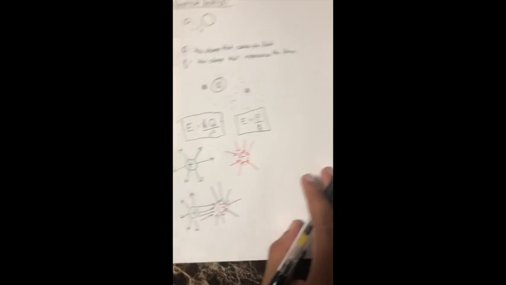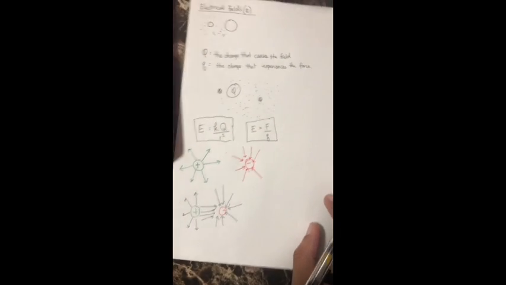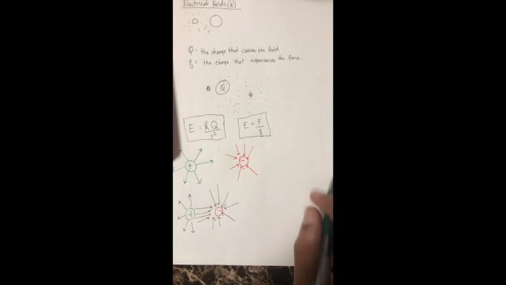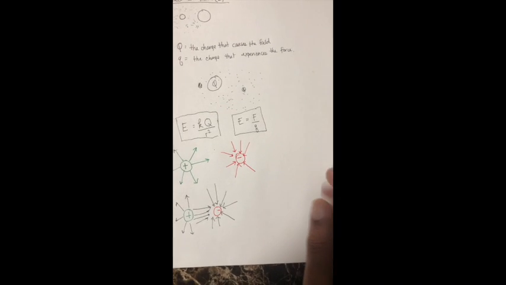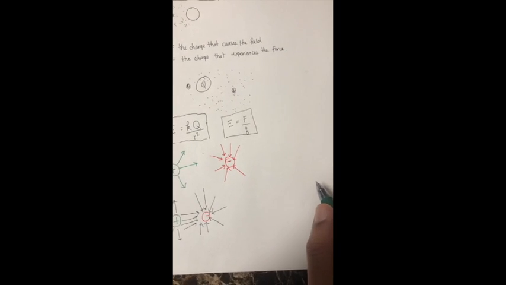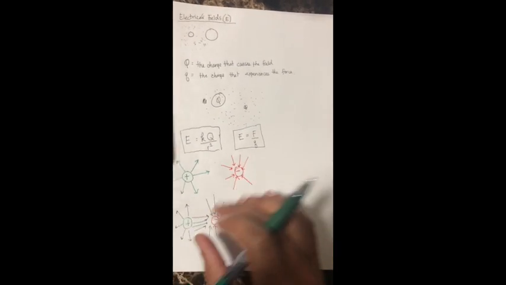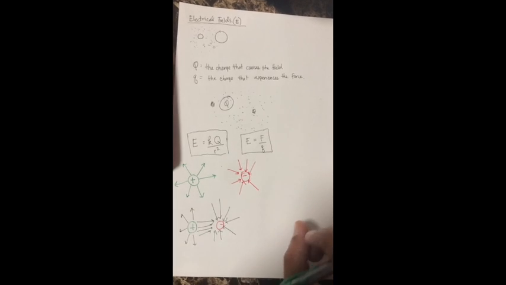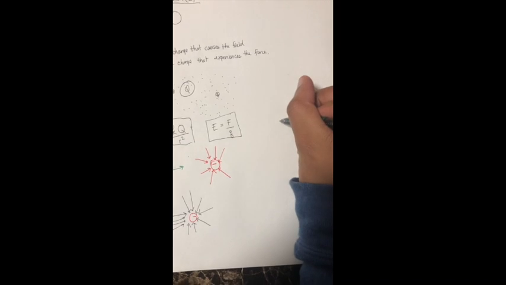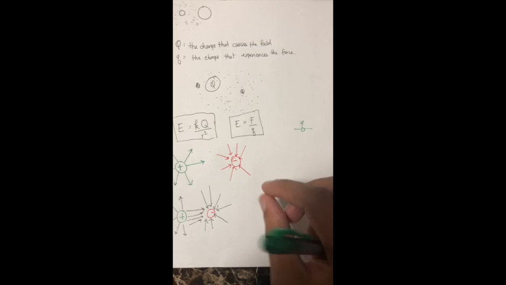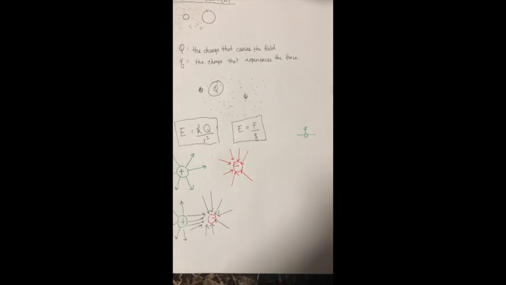Now pay very close attention to this next part. Now, this was for big Q, where the field is being caused. Now for little q, we're talking about if we put a test charge into an electrical field.